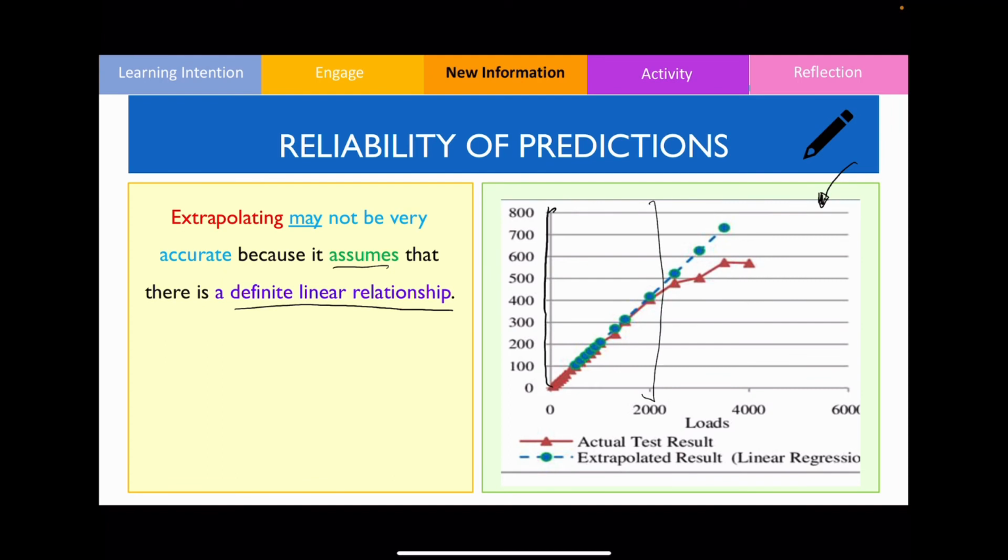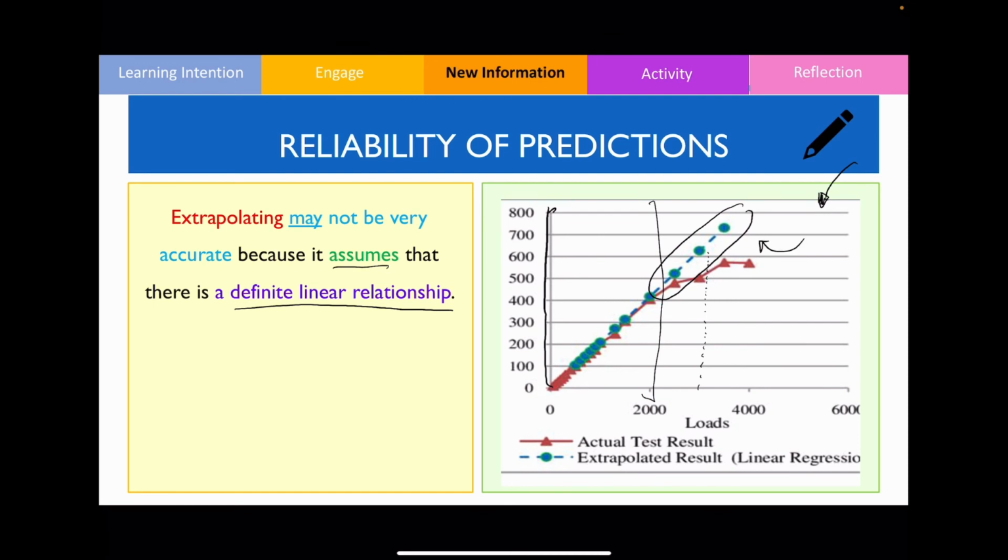If you're trying to make a prediction via extrapolation, so let's say you're trying to find the y value when the x value or the load is equal to 3000, you're assuming that these values over here, which lie outside of the original data set, maintain and follow this same linear trend.